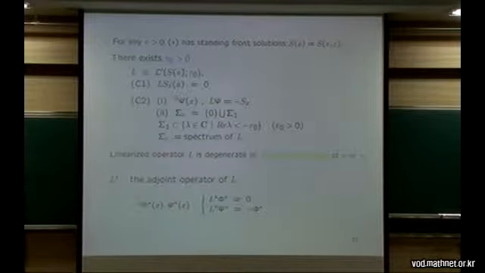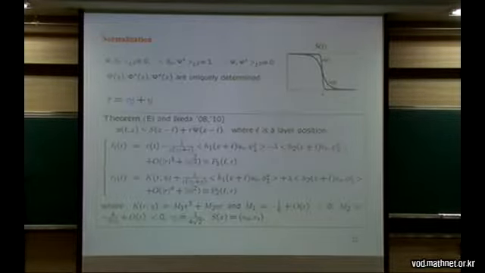Okay. So now our eigenfunction is not unique, so to fix the eigenfunctions psi, phi star, psi star uniquely, we impose this normalization condition. Okay. The standing front has translation freedom, so we fix the phase like this.